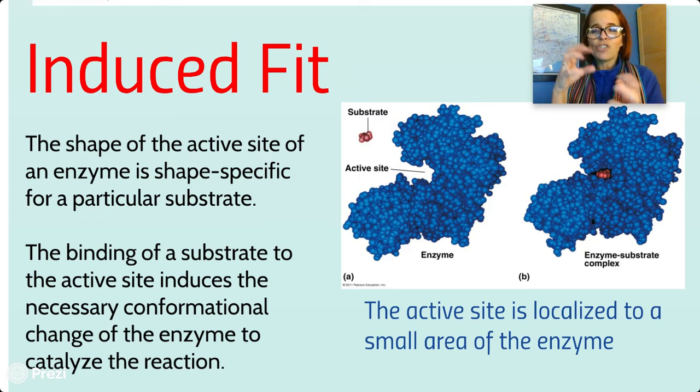So the enzyme changes its conformation, its shape, to catalyze the reaction, and to catalyze the reaction means to speed up the reaction. As it fits in, the enzyme changes, speeds up the reaction, and then it returns back to its original shape once the products have left.